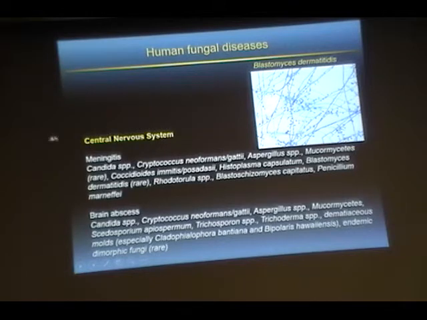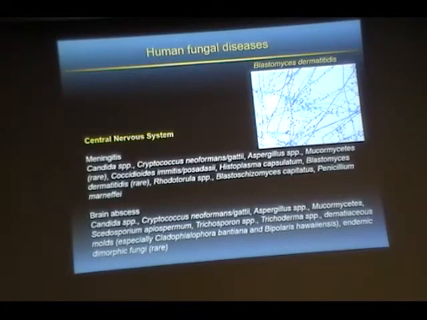It has also been reported that fungi can cause infections in the central nervous system. Most people believe that meningitis is caused by bacteria. The meninges are the membranes covering the spinal cord. It's a 3-layered membrane covering the spinal cord and the brain, beyond the blood-brain barrier.